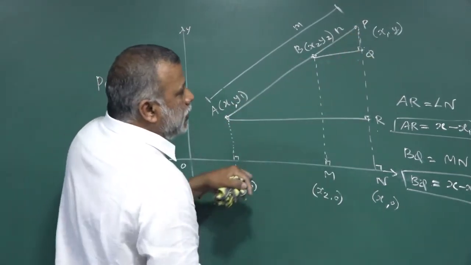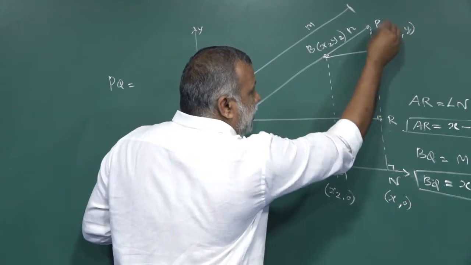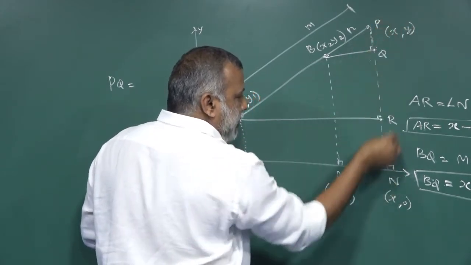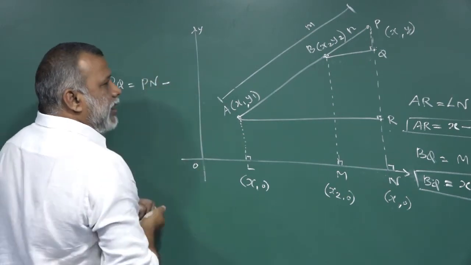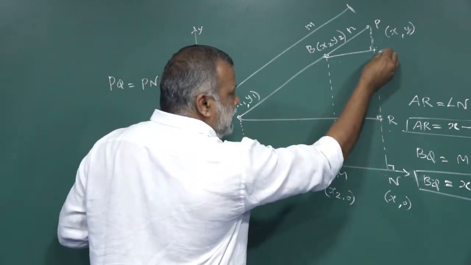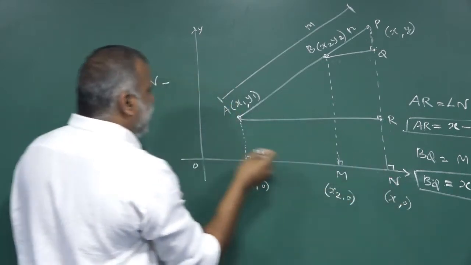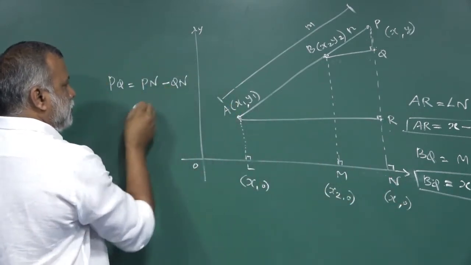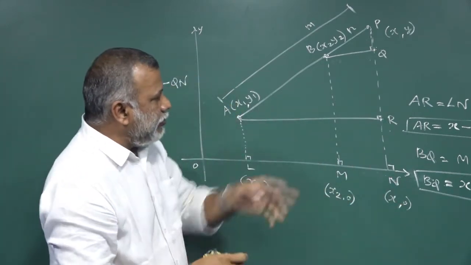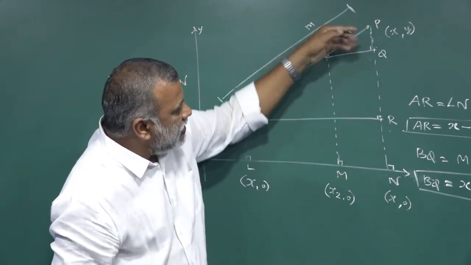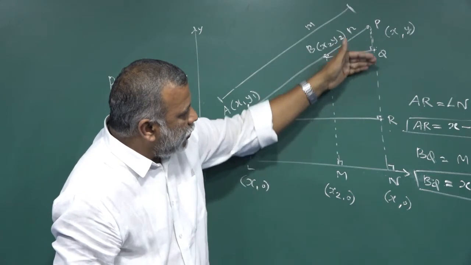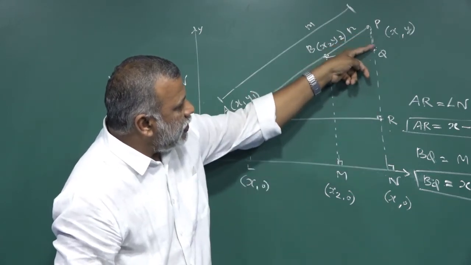See, this is the highest distance PN. So we can write PN minus, we need to simplify, that means subtract QN. From this x-axis, PN is the maximum distance. If we subtract the other one, QN, we can get this PQ.